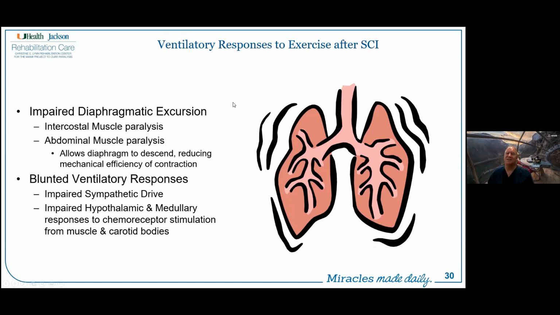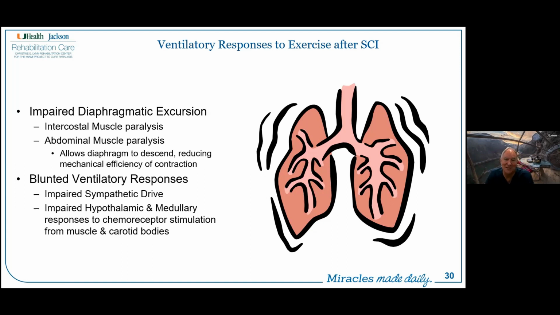Ventilatory responses to exercise. Again, we're going to have some restrictive components to exercise. Most able-bodied individuals are not limited by ventilatory responses. They can breathe fast enough and deep enough to make sure they don't become hypoxic. Why is that necessary for aerobic exercise?